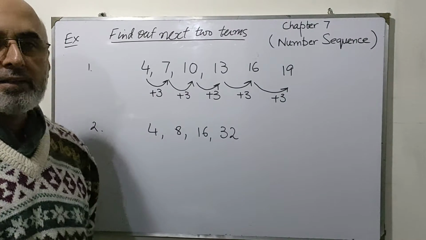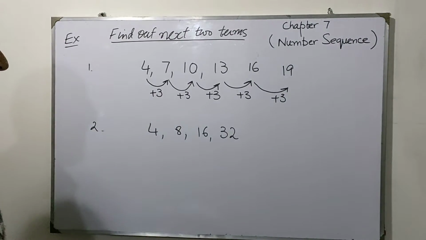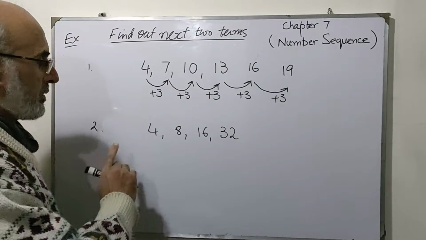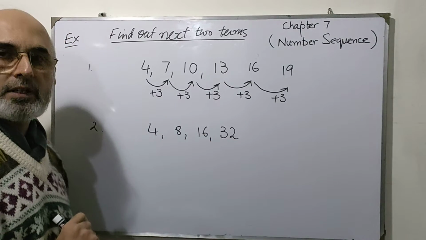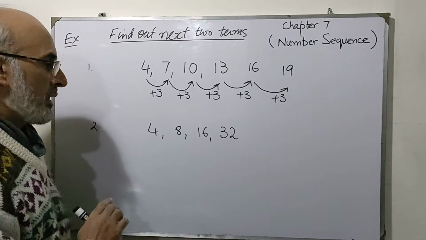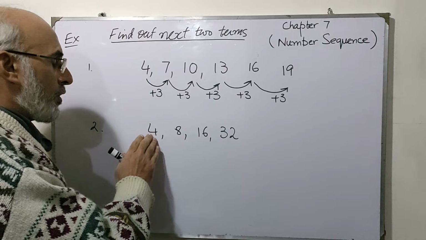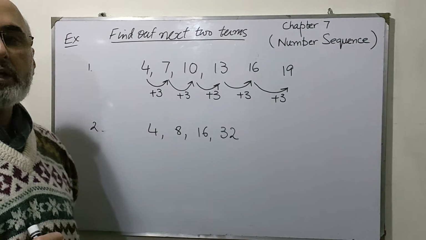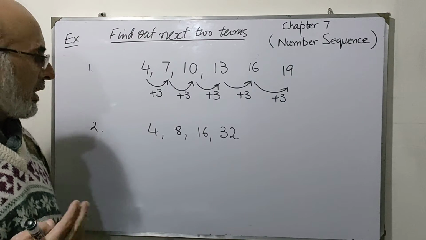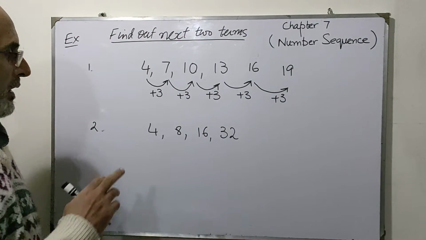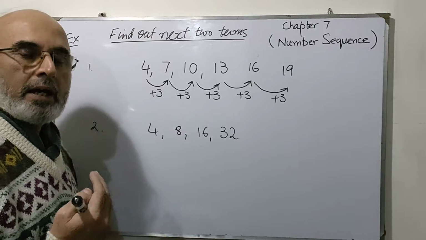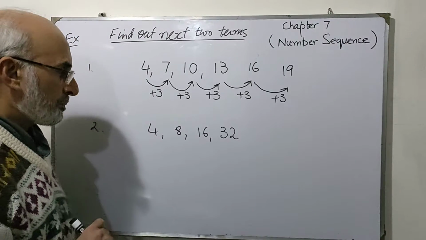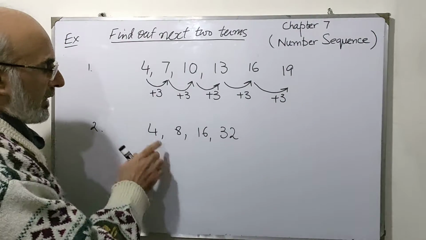So in this second example, if we observe all our numbers, all our integers, the increasing pattern is there, but moving from term 1 to term 2, what relationship are we having? Is it going to be an addition pattern, or is it going to be something else? So let's check it out.